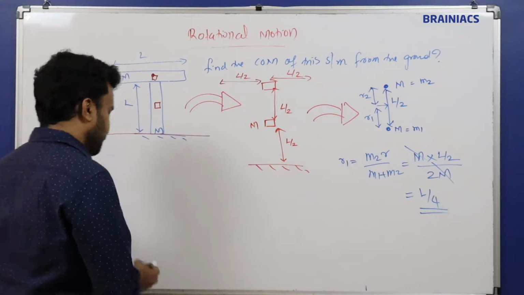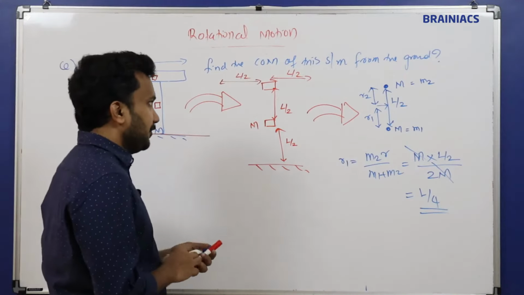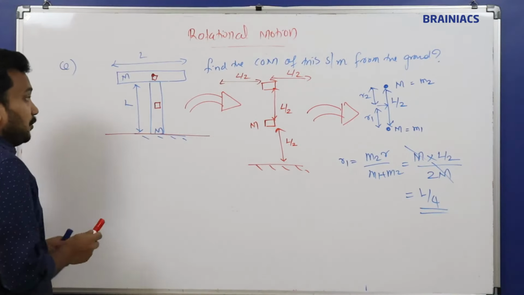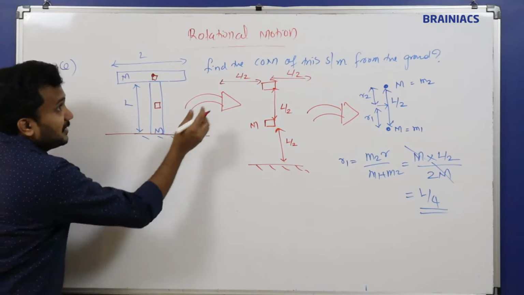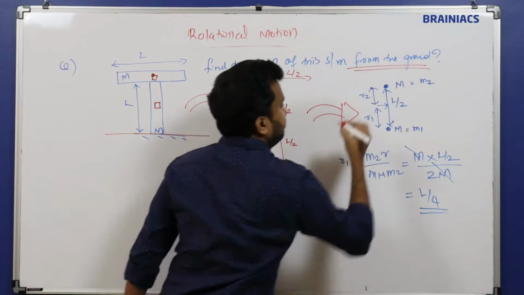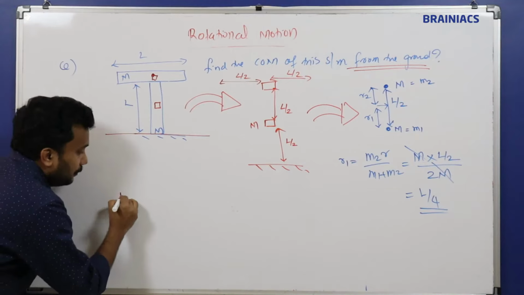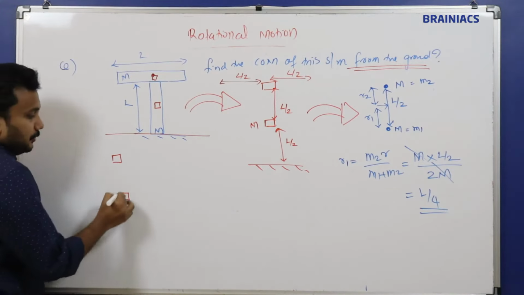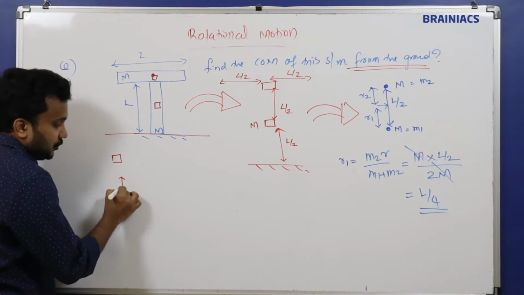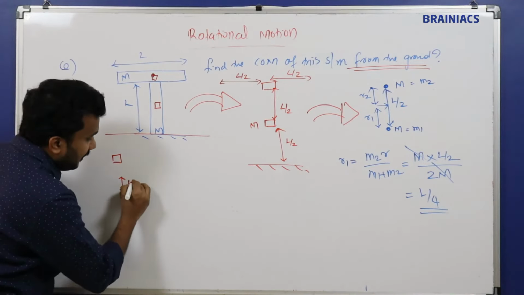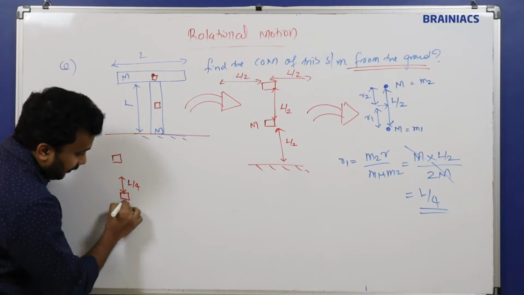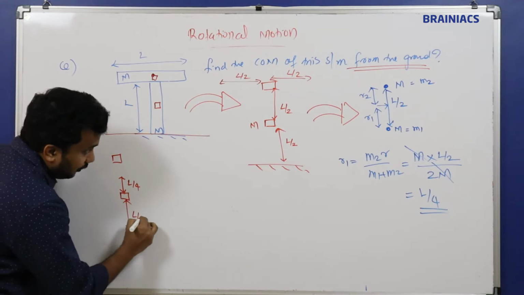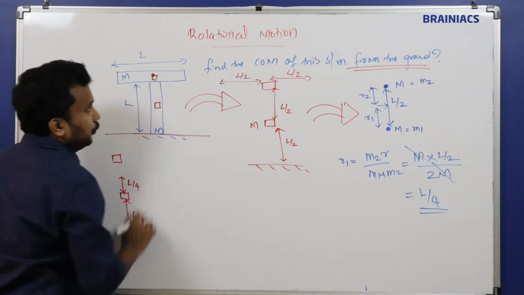No, L by 4 is not the answer in this case, because what is the question? Your distance from the ground. Now we have the first body and the second body. The center of mass from the first body is located L by 4 away. But from the ground, how much distance do we already have? L by 2.